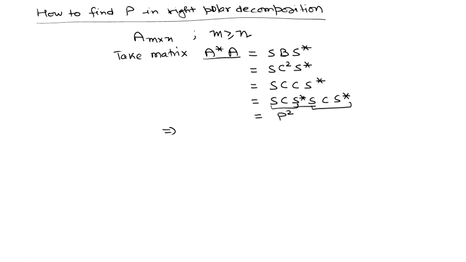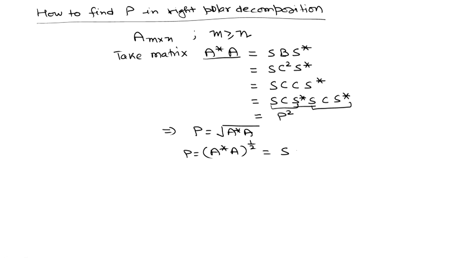From here I can write P equals the square root of the product of the conjugate transpose of A with matrix A. How to find it? You can find it by the diagonalization of A star A, because the square root of A star A, that is P, will be raised to power half.